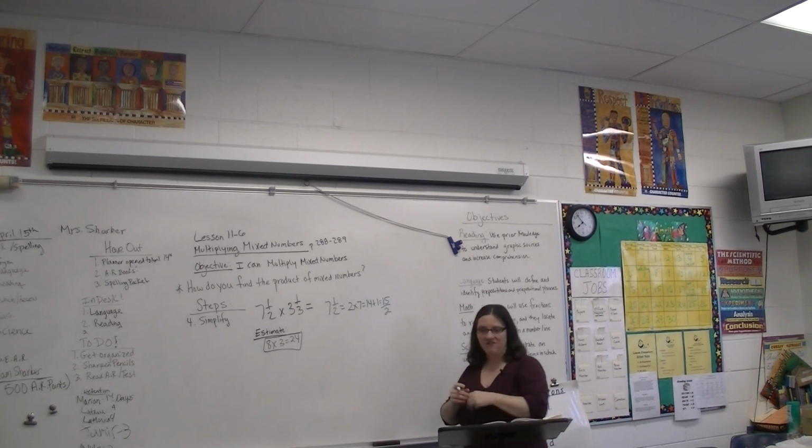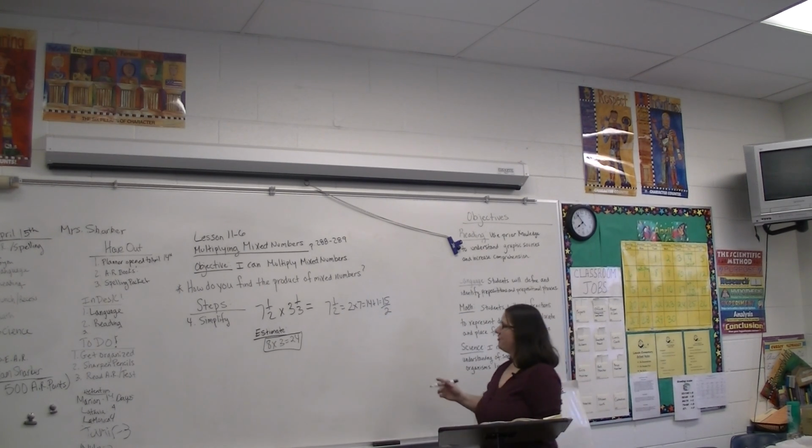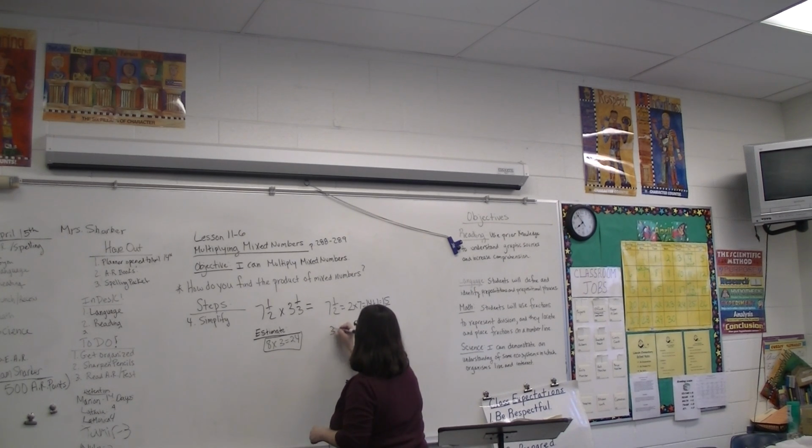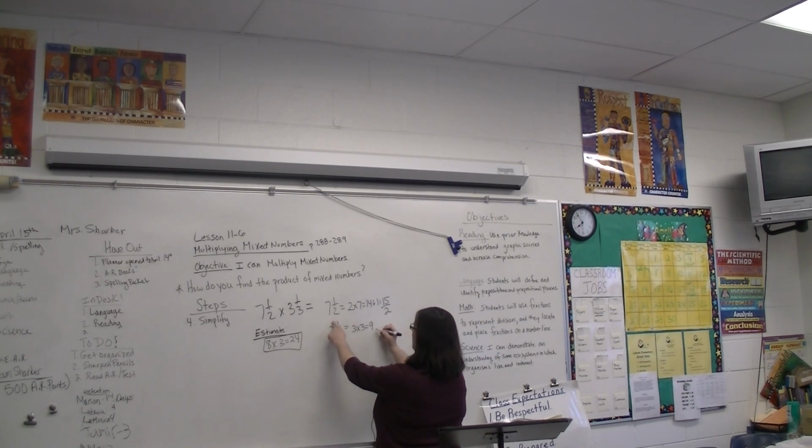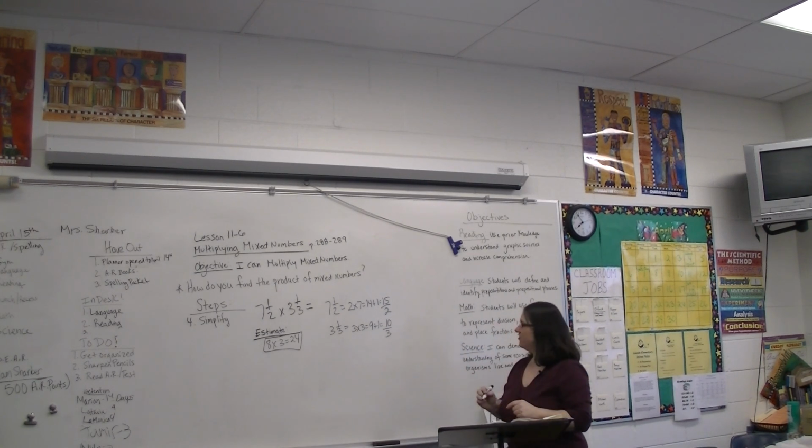That's how you change 7½ to an improper fraction. And then you need to do the same with 3 1/3. Again, this step is to take the denominator times the whole number, so 3 times 3 equals 9, plus your numerator, plus 1 is 10, and put it back over your denominator. So now our two mixed numbers are 15 halves times 10 thirds.